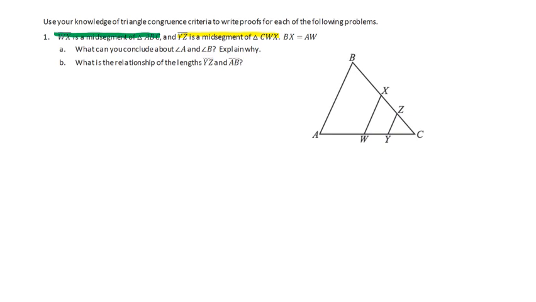A third important thing is that BX equals AW. So remember, if BX equals AW, get the highlighter thing, there we go. That means that those two sides are the same. So we're going to mark that with a tick mark.